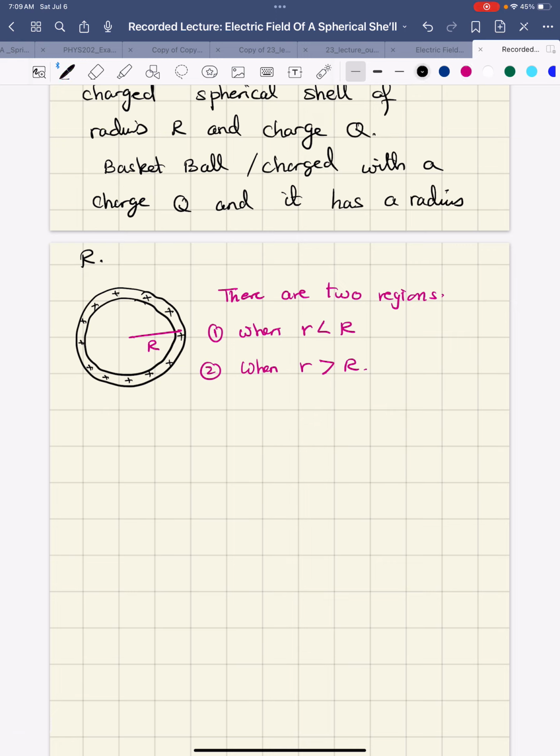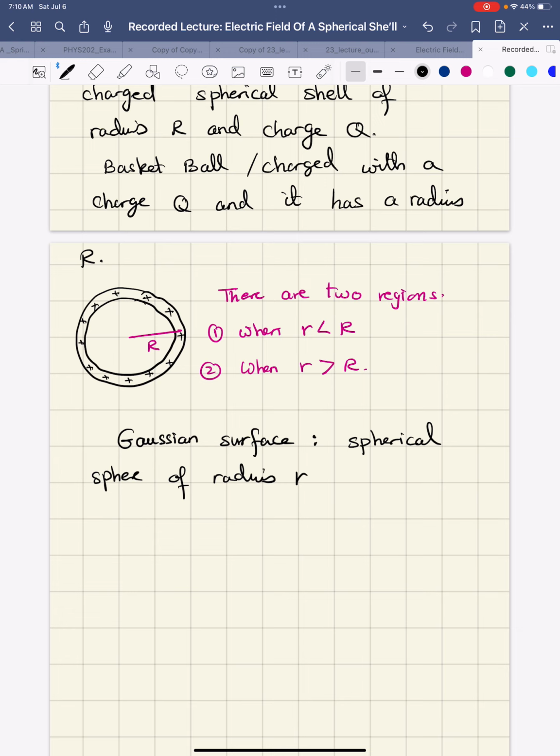I will use Gauss's law. My Gaussian surface, by purposes of symmetry, is going to be a spherical shell, a sphere of radius r.